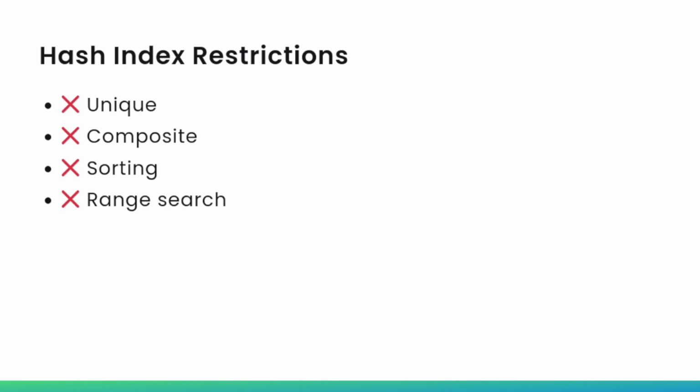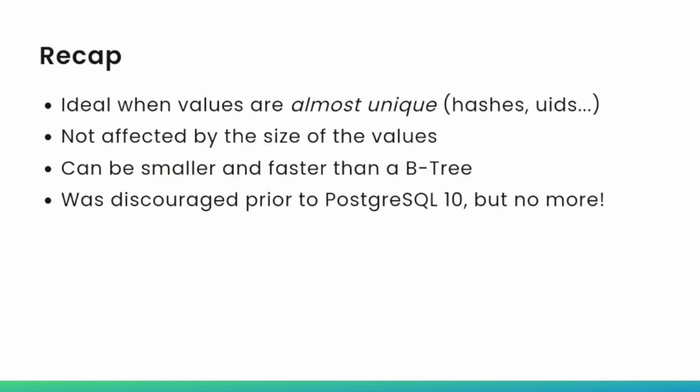You can't have a composite hash index. Also, because a hash index is not actually storing the values in the index, you can't use a hash index for sorting, and you can't use a hash index for range searches. So a hash index is mostly useful when you have queries that look for specific values, that use equality comparison, okay?